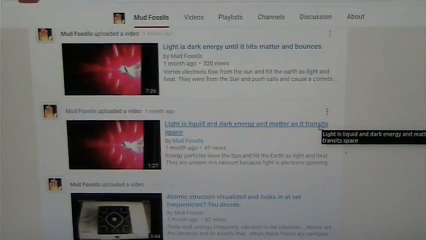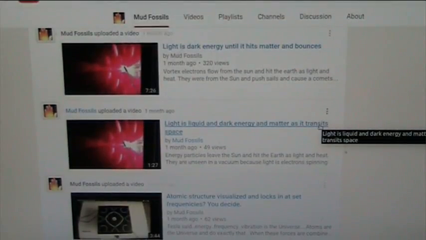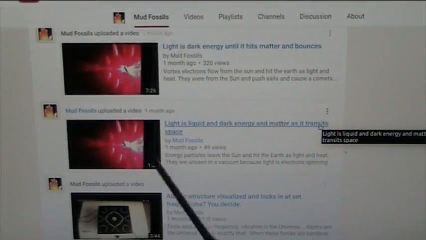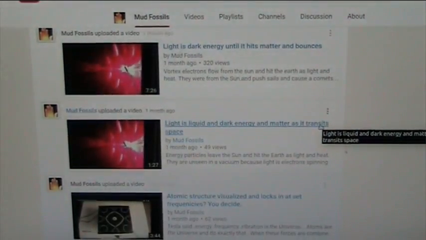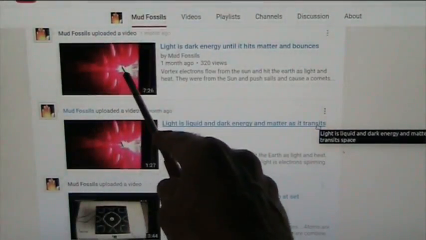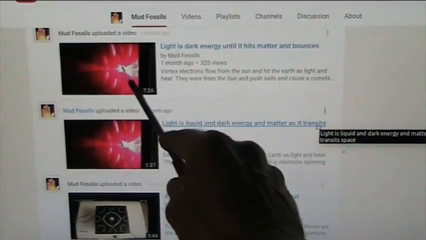Alright, these are the videos that I have about this light study, and there's a bunch of other stuff out there. mudfossils.com is this channel, and this is some of the light that I was just talking about, and that is a light disk being sucked through a Venturi slit, which is two round orifices.